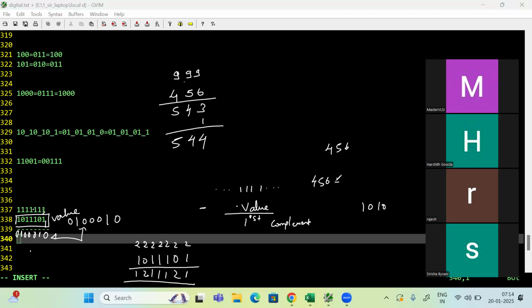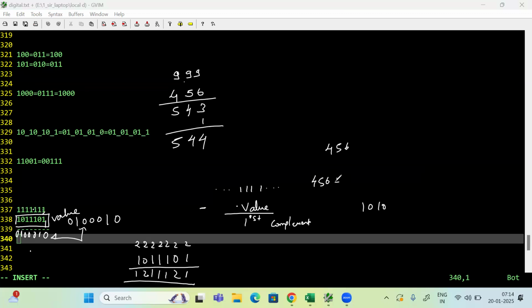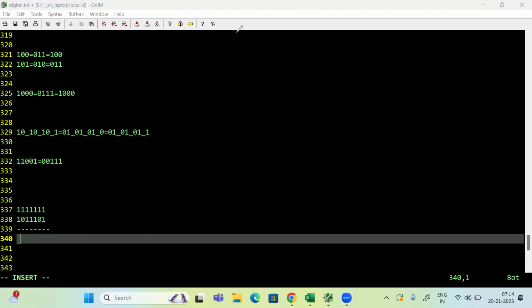Okay. So there is one thing you need to understand. I'll give you one table first. You remember this table. Then we will discuss this table. If you know it, you can do any kind of problem regarding complements.